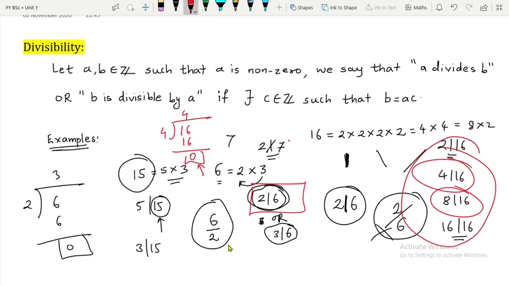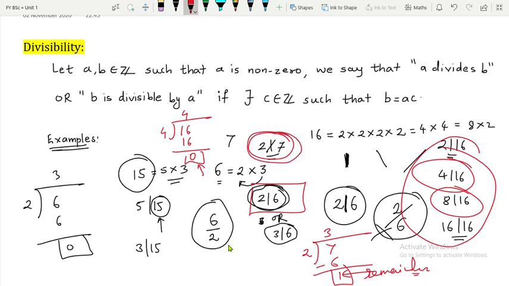So the question is, why is 2 not dividing 7? Because if you try to divide 7 by 2, what will be the remainder? 2 threes are 6 and your remainder is 1, right? This is called the remainder. So whenever your remainder is not 0, then we say that 2 is not dividing 7, or 2 does not divide 7, or 7 is not divisible by 2.